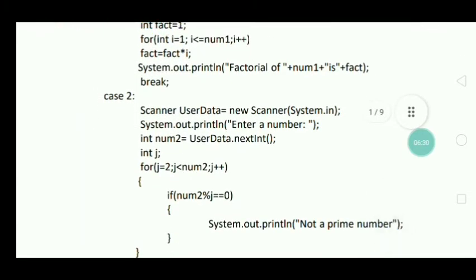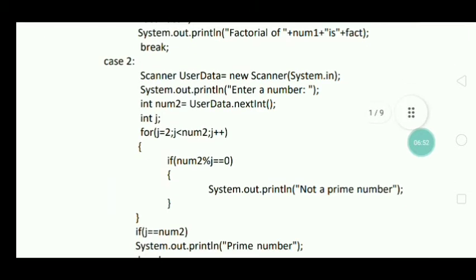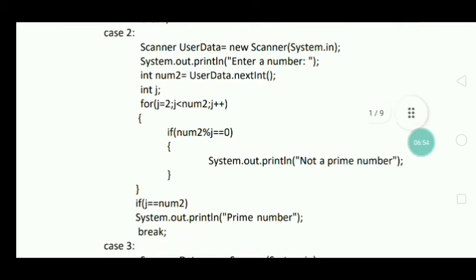If you enter 2, that means you want to find out whether a number entered through the keyboard is prime or not, then you have to choose 2. The choice variable has the data 2, so it will match with case 2, and the statements under case 2 will be executed.